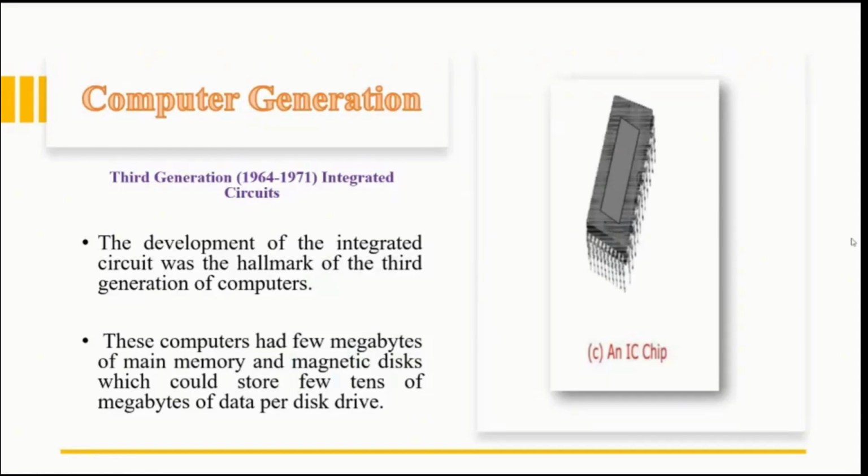For the third generation, again, with advancing technology, electrical and electronics engineers could produce integrated circuits, which are a collection of transistors. Thousands of transistors are connected together as an integrated circuit and make the IC.